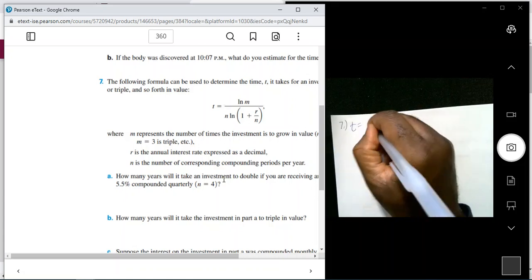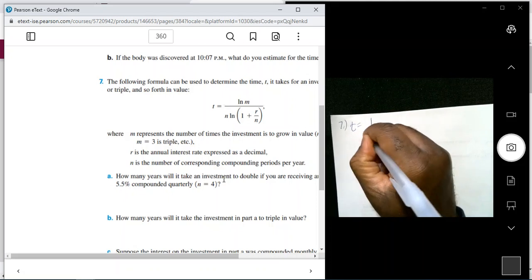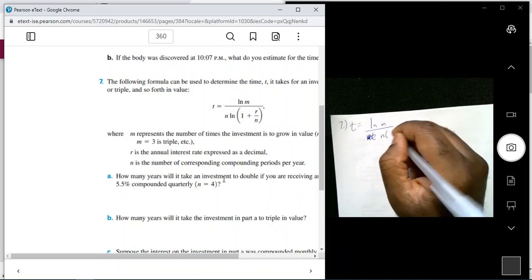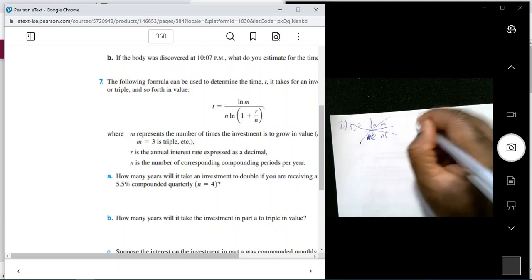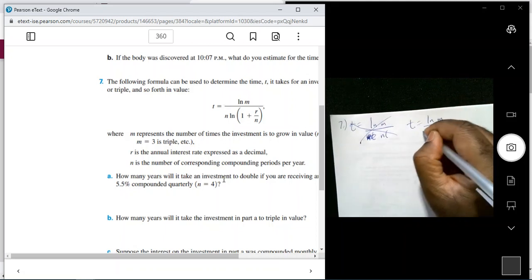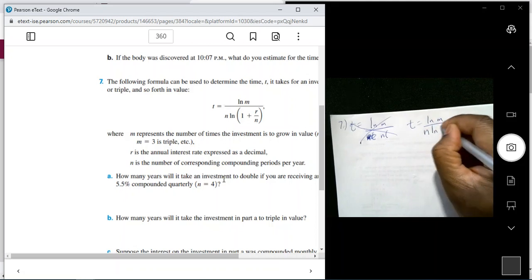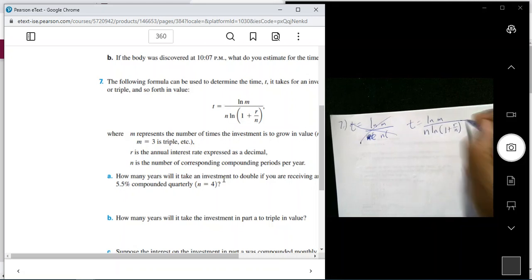T is equal to the natural log of m all over n times the natural log, parenthesis, 1 plus r over n.